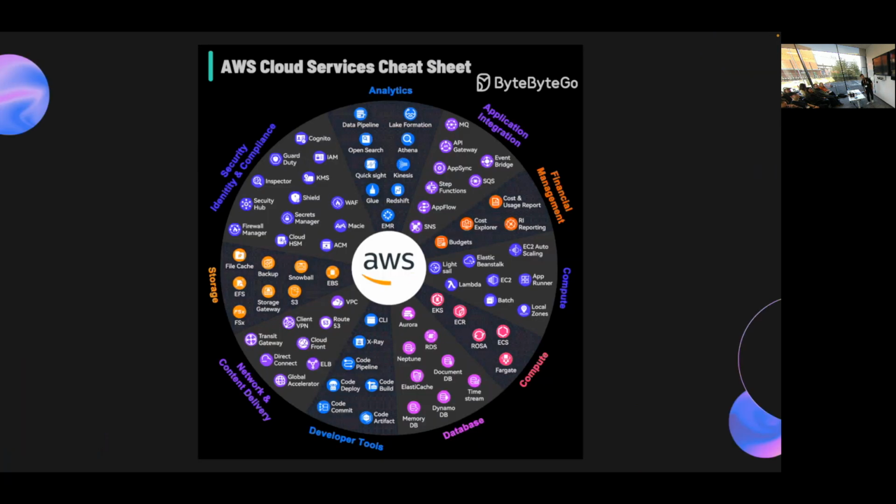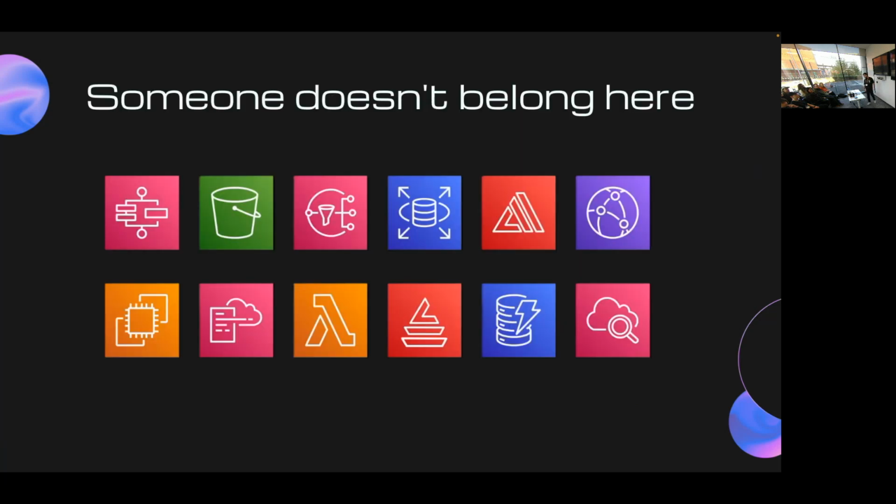This is just a glimpse of the vast ecosystem of the different AWS services, and this isn't even all of them. But don't worry, we're not here to memorize every single service, are we? So here we have 12 icons representing some of those 200 plus services, or do we? This is just a little social experiment.